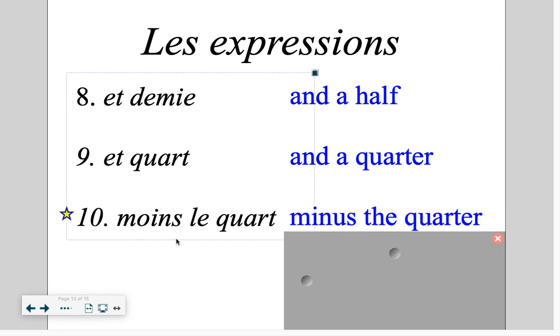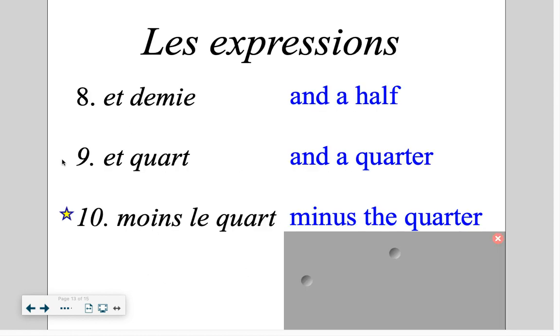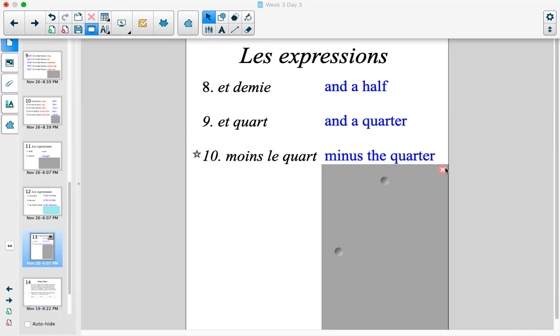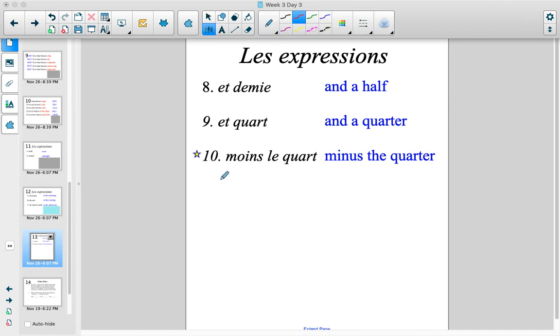Okay, so let's talk about this for a second. Before I move on to that, let me go here. If we have and a quarter, that means plus 15.